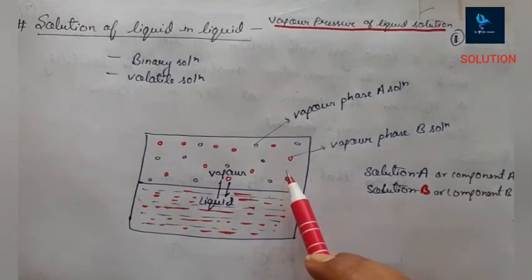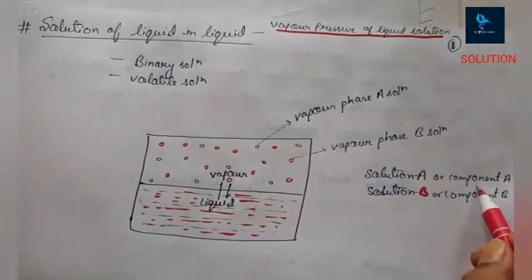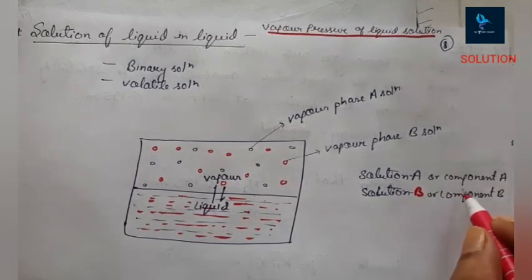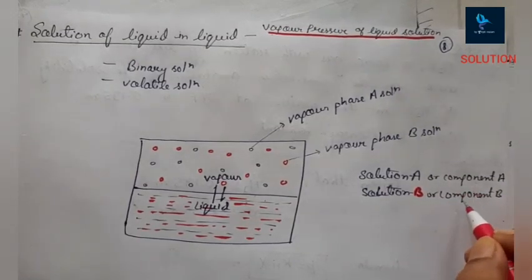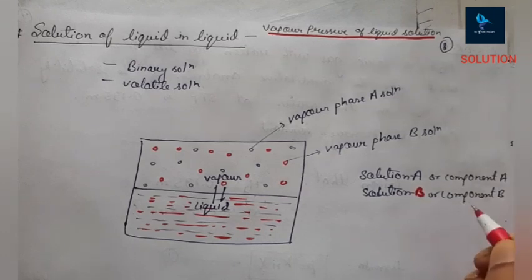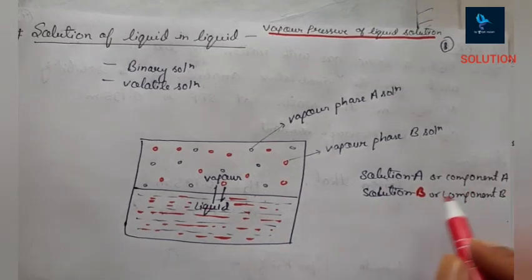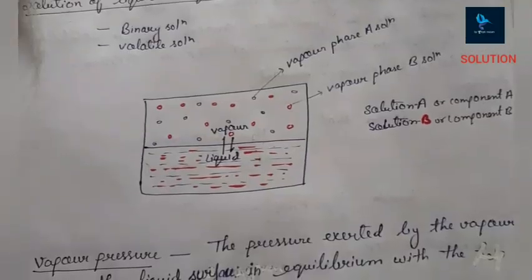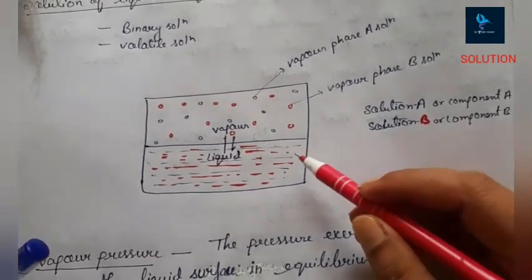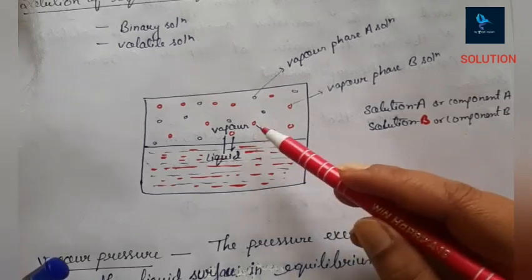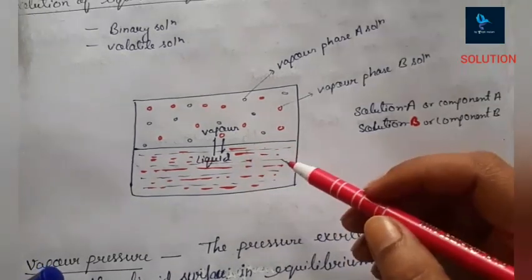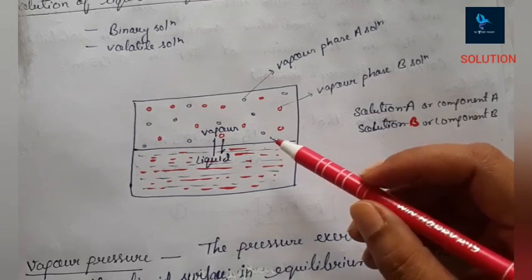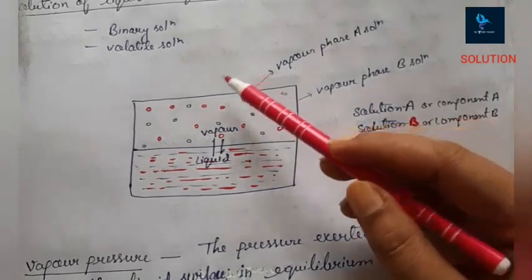A solution containing only two components, component A and component B. One component acts as the solute and the other as the solvent, and these components are volatile. What is a volatile solution? A solution which gets converted into vapor after heating. Such a liquid is called a volatile liquid.